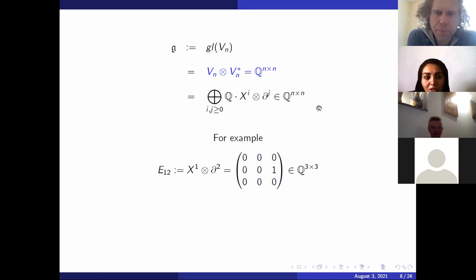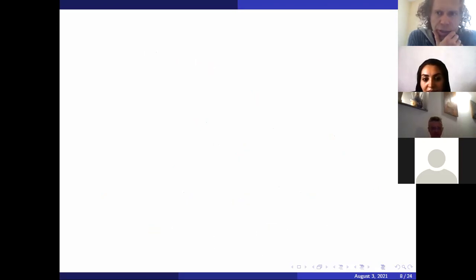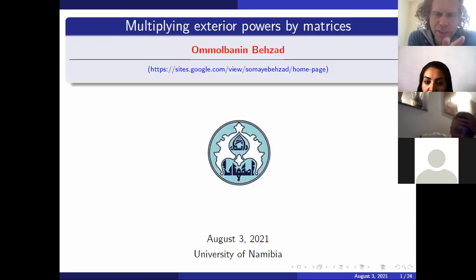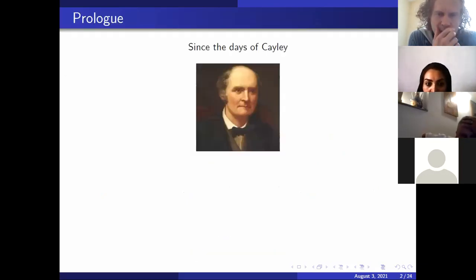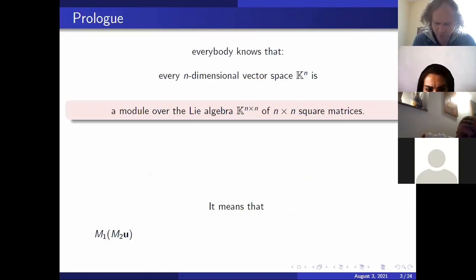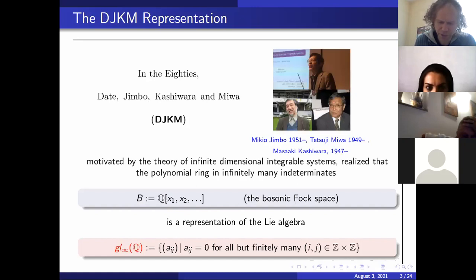Any other questions or comments? Yes, maybe I would like to ask you just a moment if you can show again the Jimbo Kashiwara Miwa formula. I just want to understand the characters appearing in that formula, or maybe it was the slide that was missing. So from my notes, maybe it was the next slide.